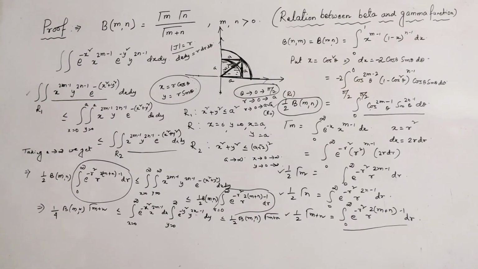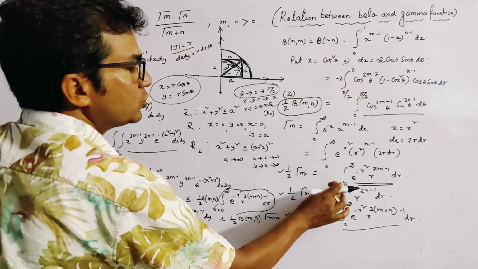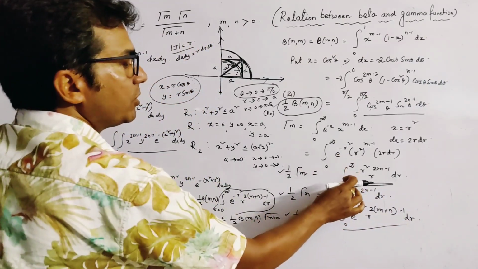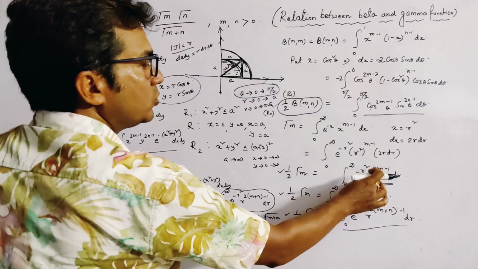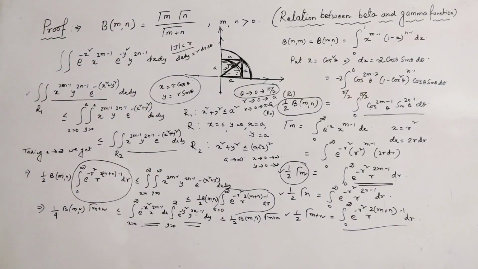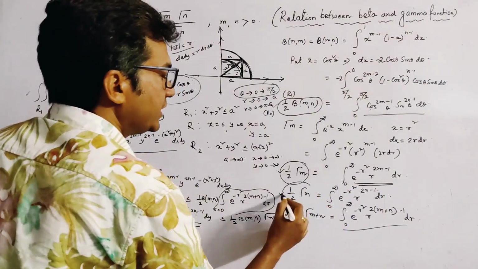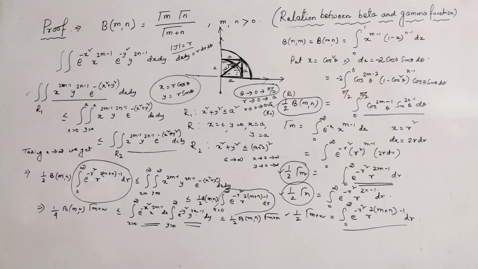Okay, and clearly this integration and this integration are like this integration. This is 0 to infinity e to the power minus r square r to the power 2m minus 1 dr, this is half into gamma m, and this integration is r to the power 2n minus 1, then this is half into gamma n.